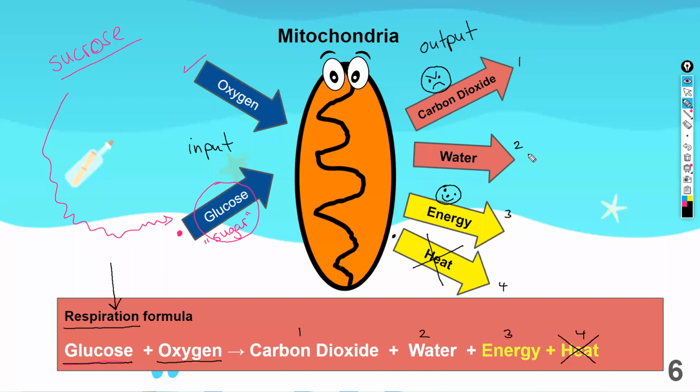But what about the water? Apparently, when you mix glucose and oxygen, you don't just get carbon dioxide and energy, you also get water. What would you consider the water to be? Useful or harmful? In this case, it's not useful. Most people will say water is useful, because your body does need water. But here's the bad thing.